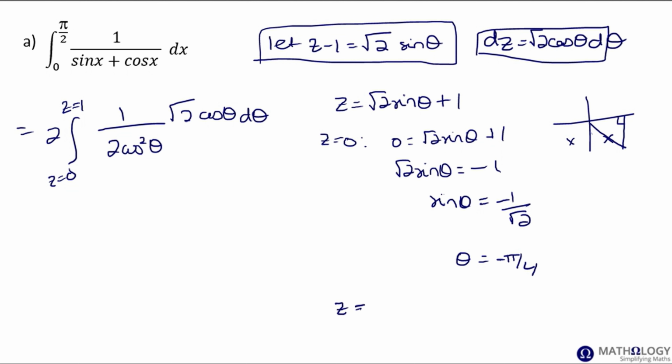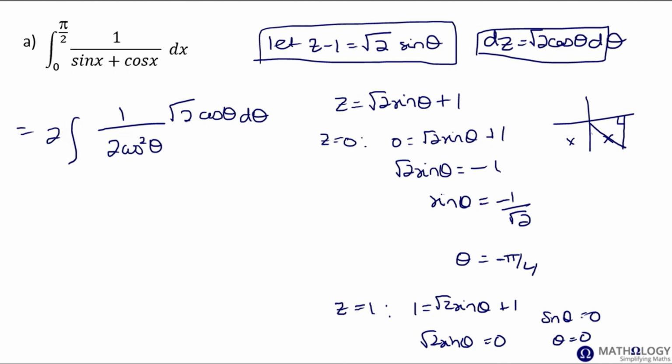And when z equals 1, then we will have 1 equals root 2 sine theta plus 1. Root 2 sine theta equals 0. Sine theta equals 0, which means theta is 0. So we are going to be working from minus pi by 4 to 0.